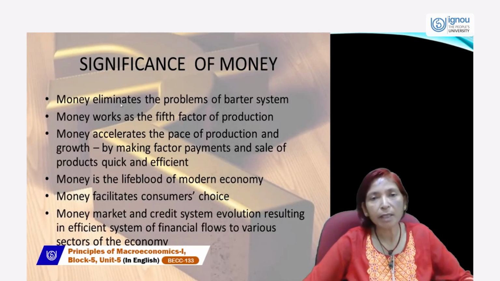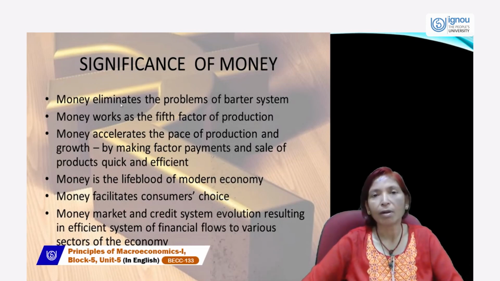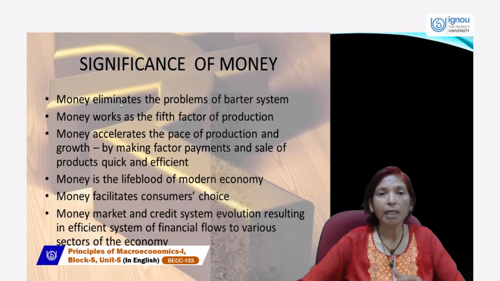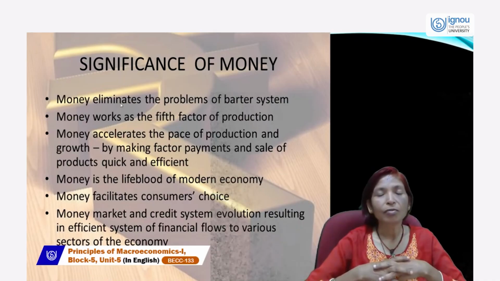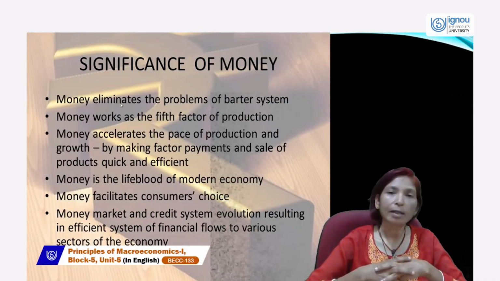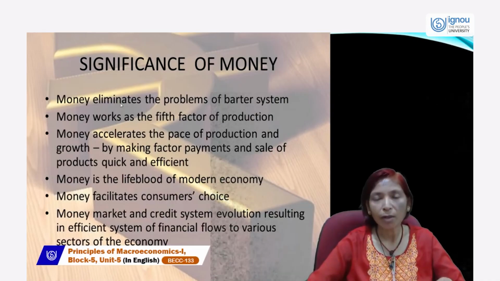If money disappears from the economy, then what will happen? Again, the barter system will exist, and again the difficulties which prevailed at the time of the barter system will occur. So, money is the lifeblood of the modern economy.